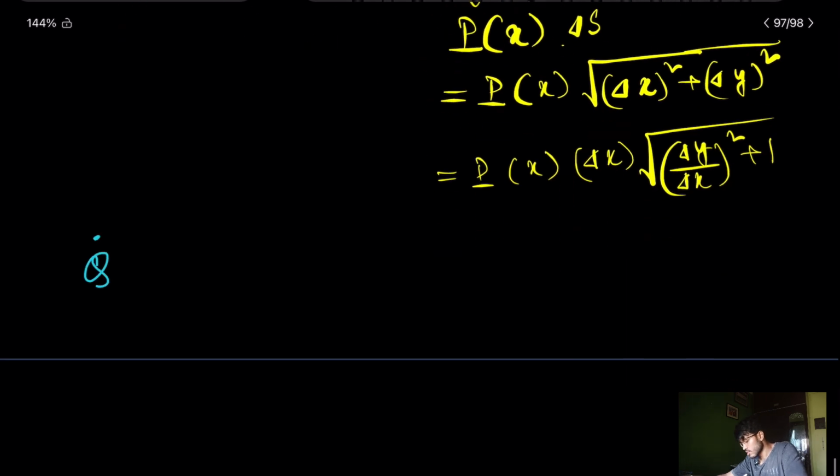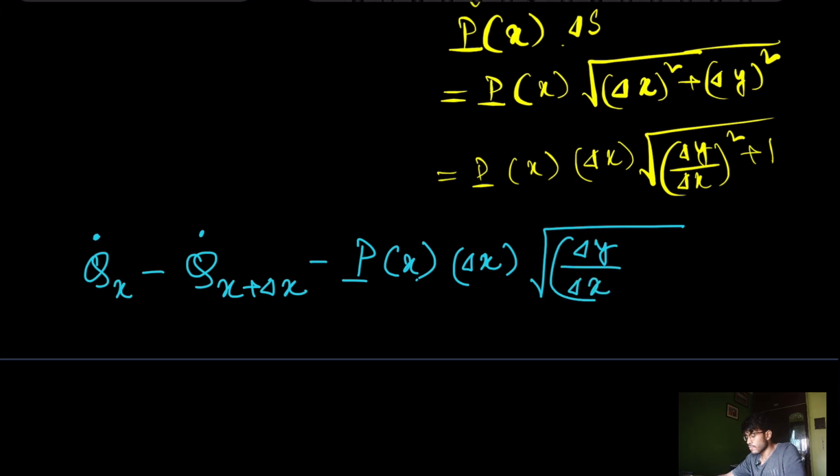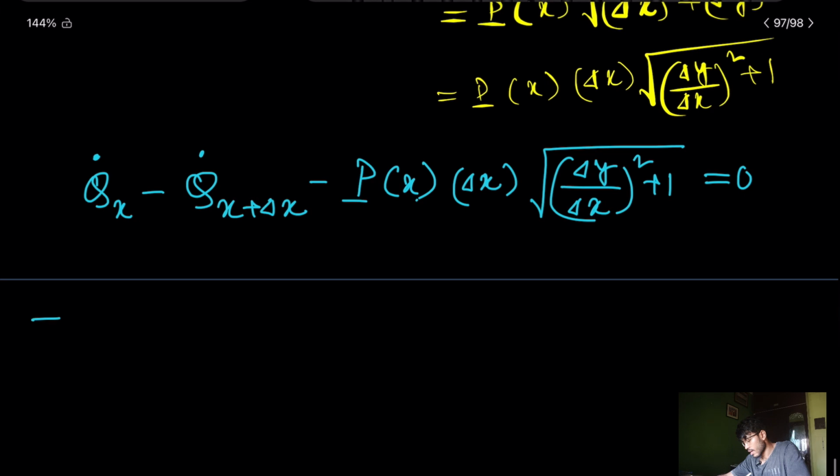So here q dot x minus p x delta x, root over of delta y by delta x whole square plus 1 is equal to 0, right?